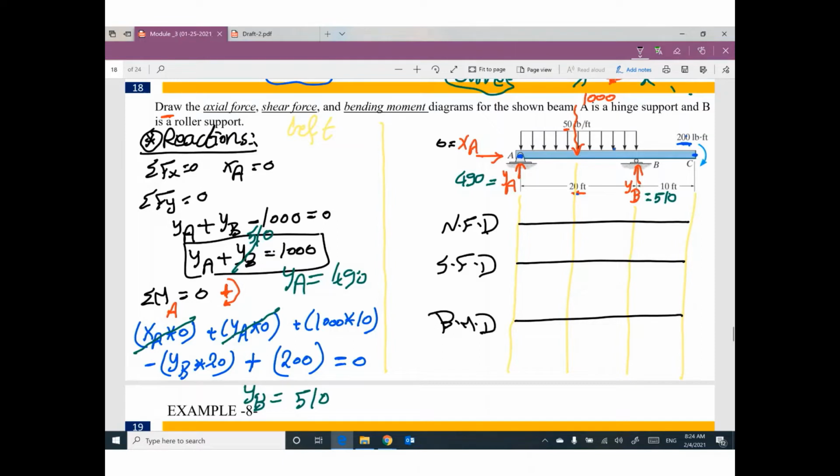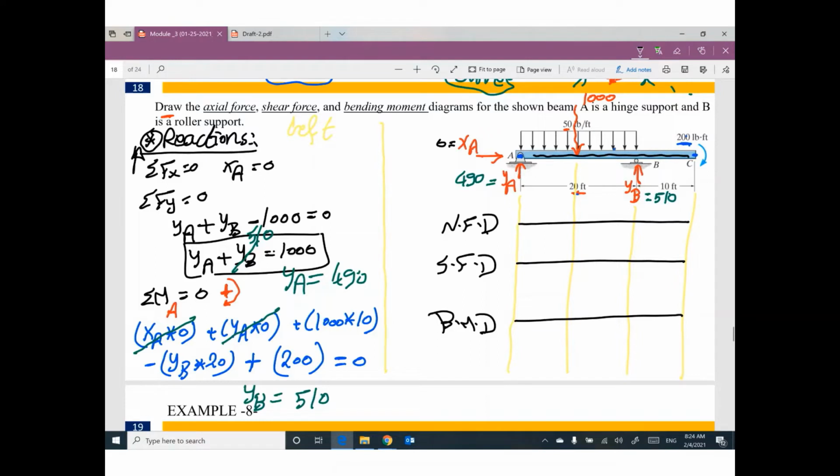Be organized in the solution. For your homework and your exam, you have the page. Please, on your left, do your reaction calculations. On the right, do your drawing underneath the given beam.